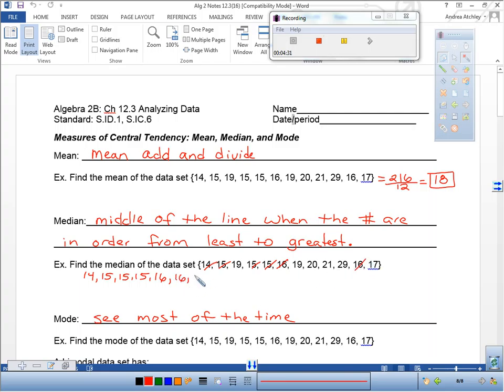Then I have 17. Then I have 19 twice. Then I have 20, 21, 29.